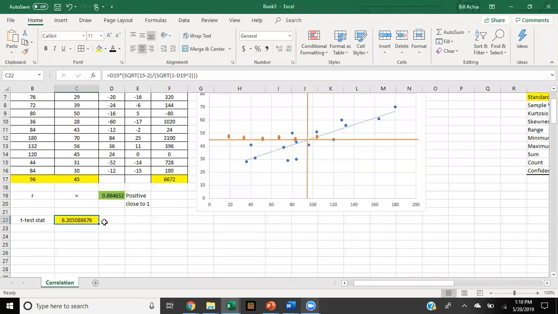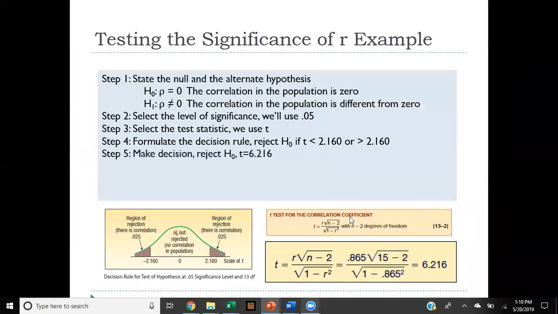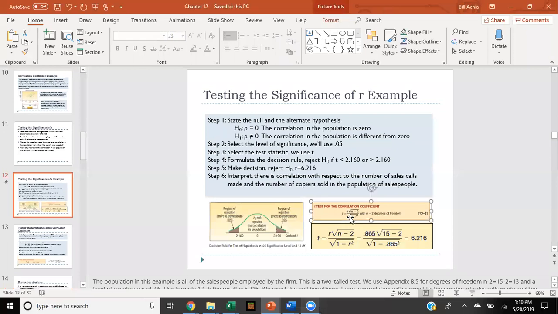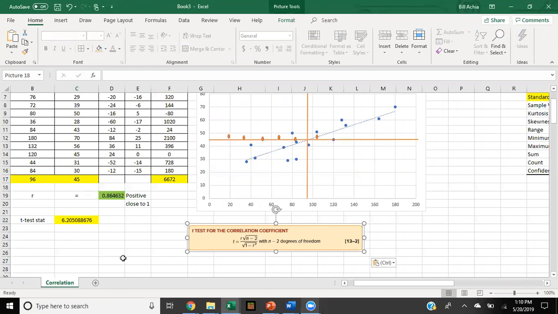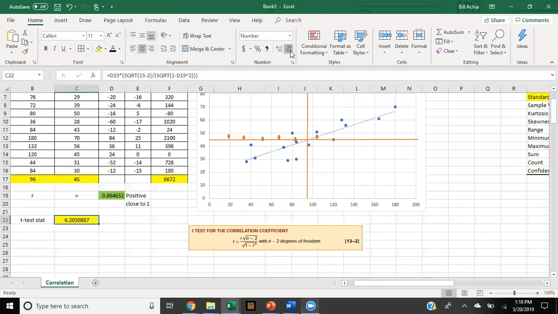Okay. Let me copy this so that you see what it is that I'm doing here. I'll paste that here. So we've calculated our t-test statistic, and we get a t-score of 6.205. Let's get rid of all those. Let's bring this down to 2 decimal points. So we get a t-score of 6.21.